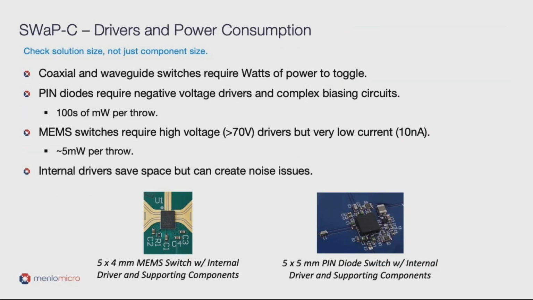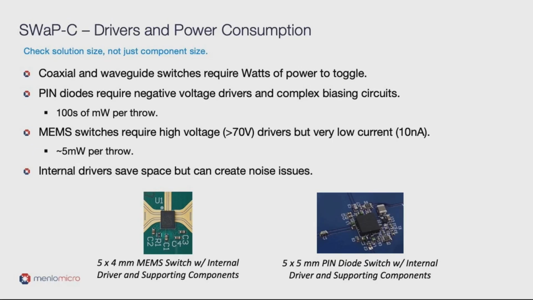Size is one specification among SWaP-C, which is an acronym commonly used in the defense industry to define important figures of merit of a system. When comparing multiple systems with similar performance, the size, weight, power, and cost are key talking points. In the case of switches, the weight will typically follow size, and cost will follow the maximum frequency of the switch.